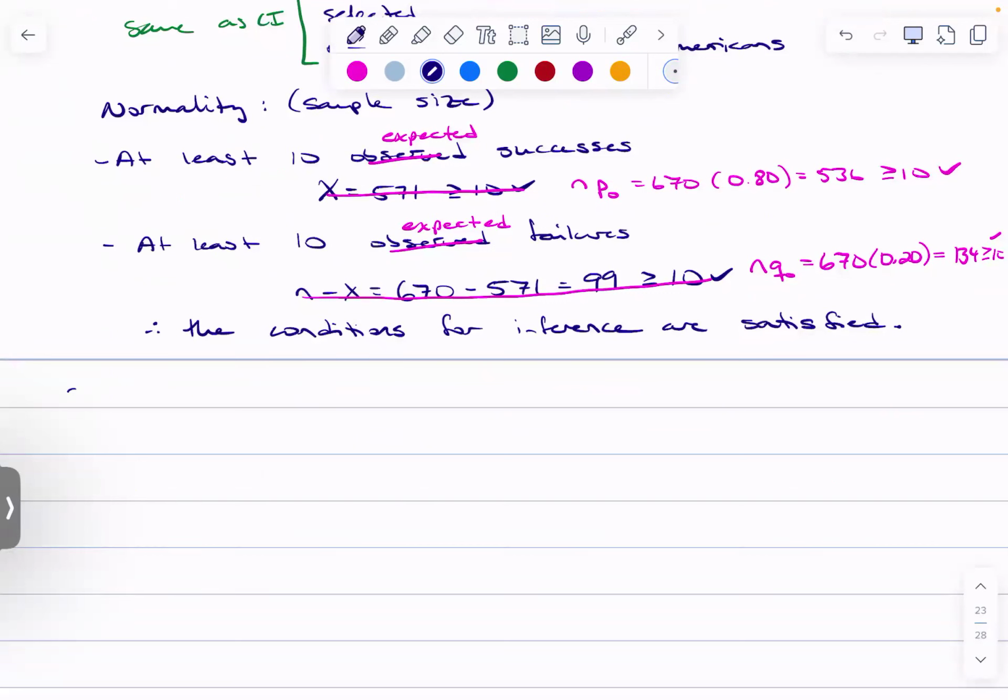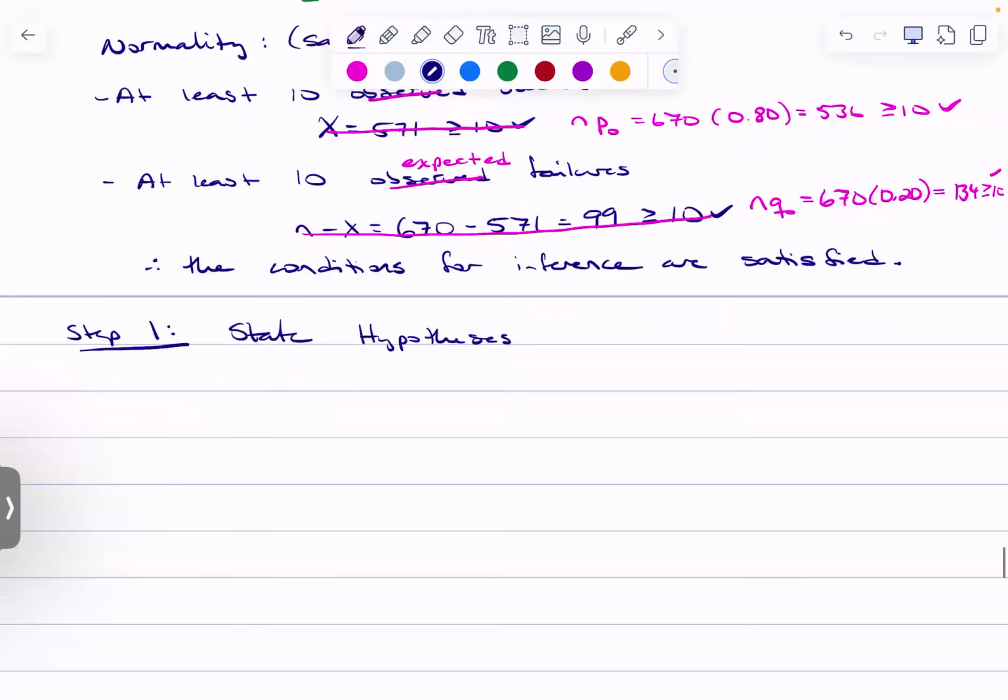Now we're ready for our step 1. State the hypotheses. We had to do a lot of the main work by figuring out what type of question we have, a one sample proportion type of question, and to check the conditions, we already had to find p naught, and so a lot of that work has been done already. On our formula sheet, we have p is equal to p naught. That's our null hypothesis.